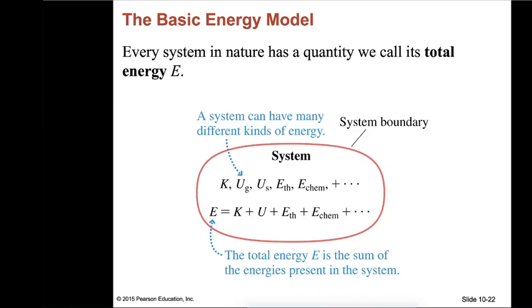So we convert the chemical energy stored in our body into some other type of energy. If you're running, then you convert the chemical energy in your body into kinetic energy. If you're jumping to a higher position, then you're converting the chemical energy into gravitational potential energy.